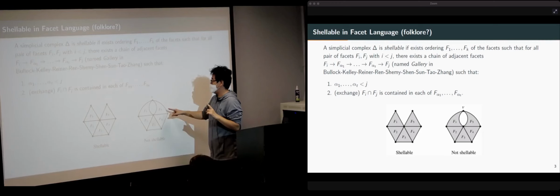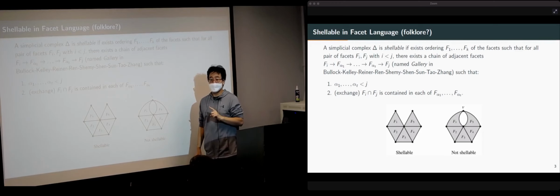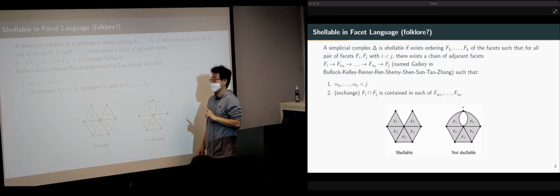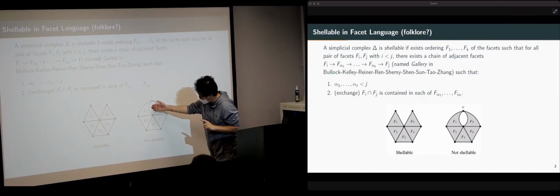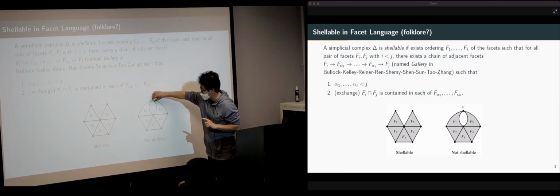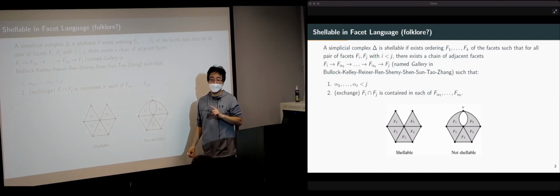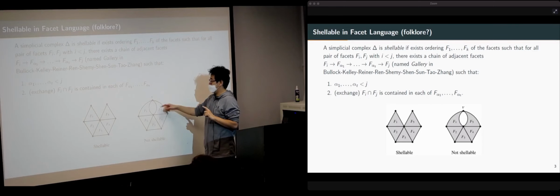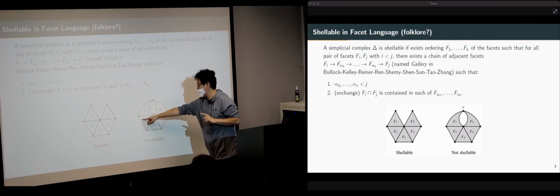In this picture, F1 and F5 are not adjacent. If this was just a single edge, then they would be adjacent.